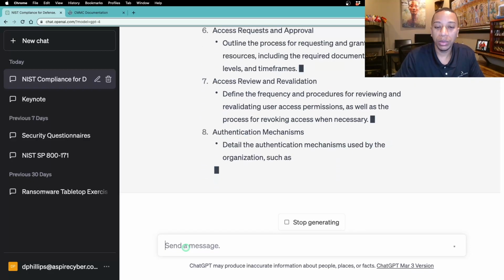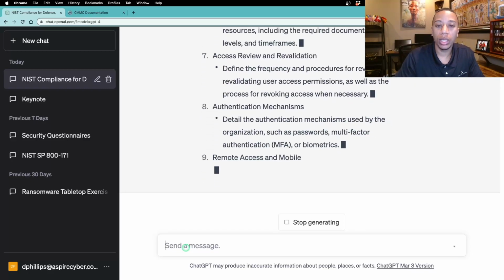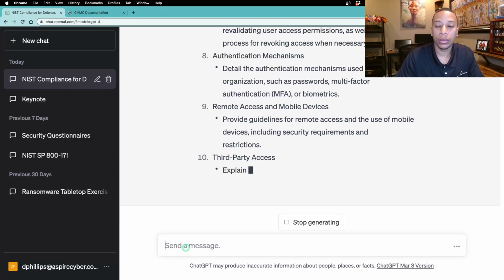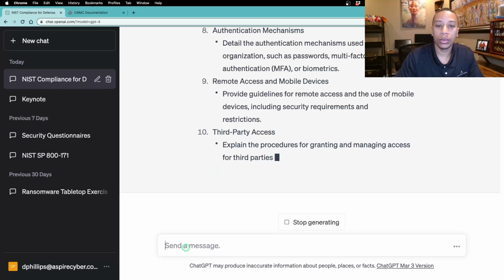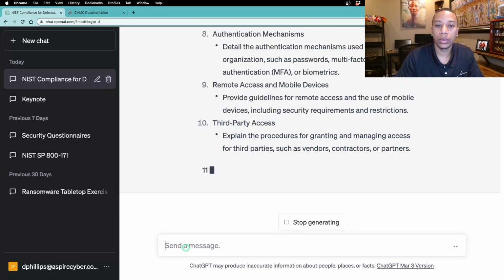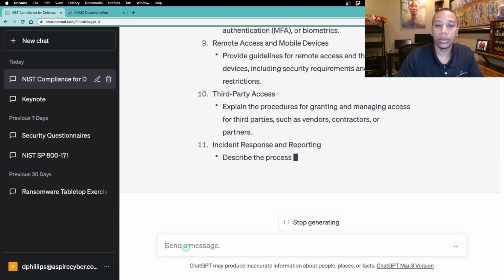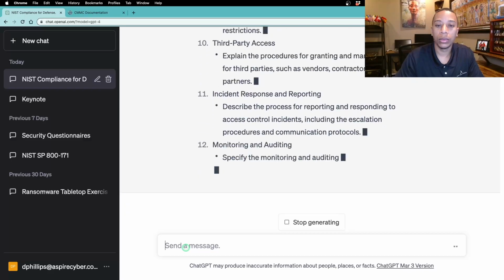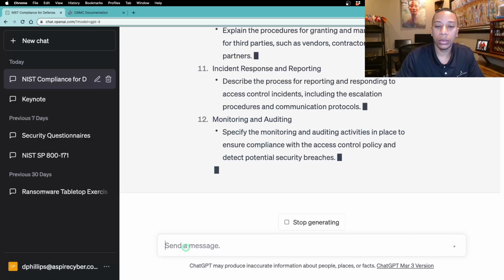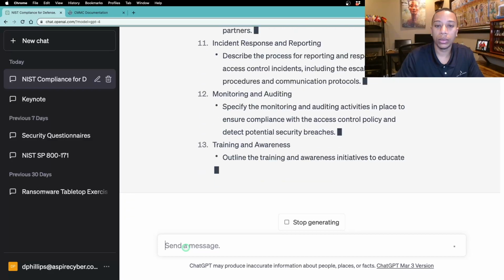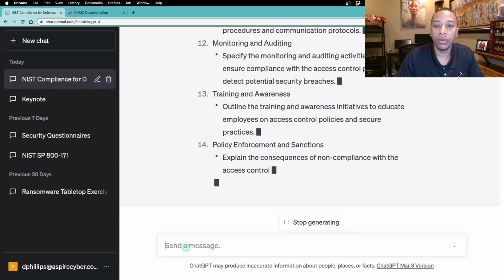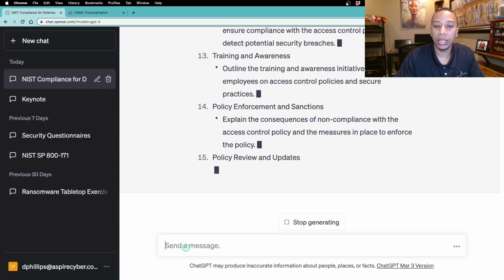All of these sections should be included in your access control policy. Training and awareness, monitoring and auditing, policy enforcement and sanctions.